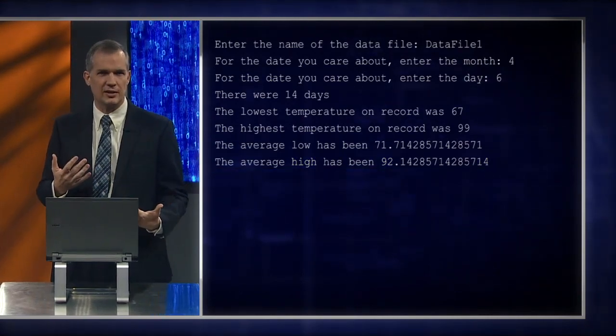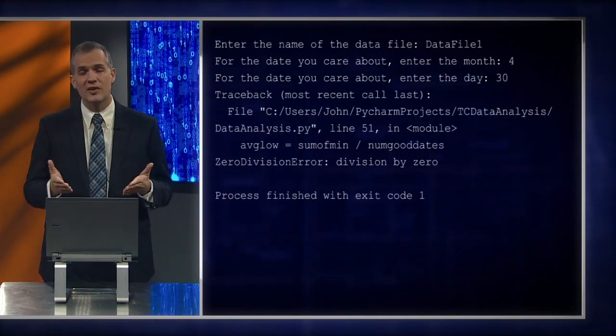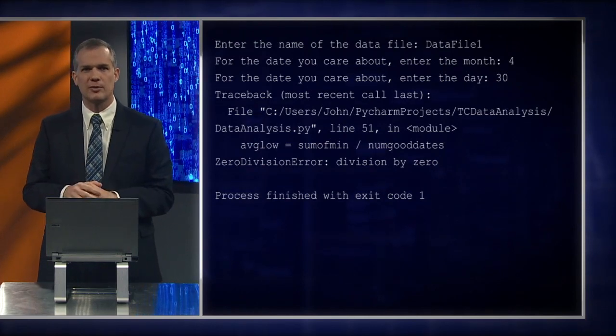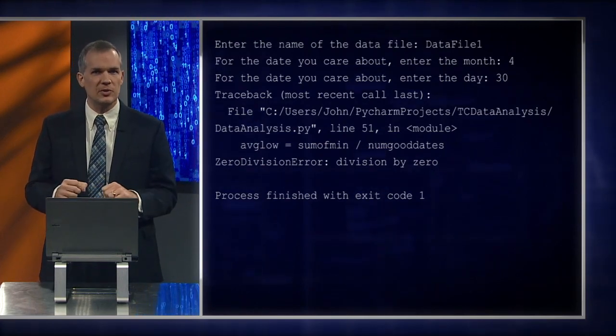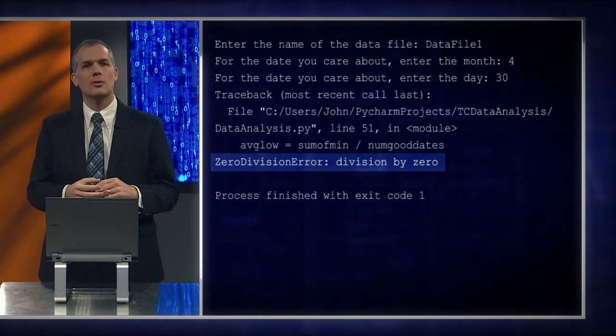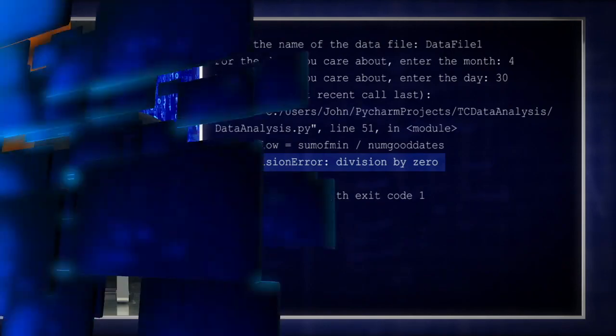Let's try a different day, like April 30th. Whoa, we've got a major error here, a runtime error, one that's causing our program to crash. There's clearly a bug of some sort, and it looks like it's a divide by zero problem. We'll need to move on to the second stage, actually isolating the bug.